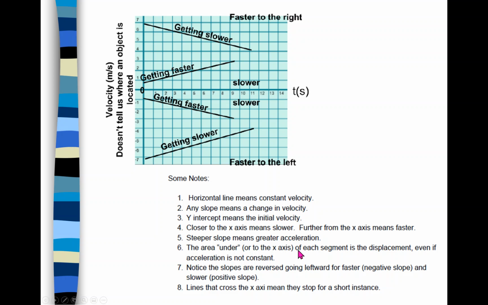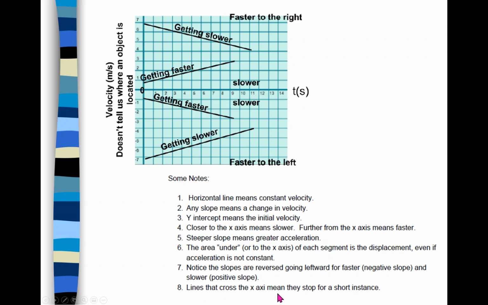We haven't discussed that yet, but the area under the curve of a velocity time graph is going to be displacement. The slopes are reversed going leftward or rightward. So I'm going faster as I come up here, I'm going faster as I'm going this way. The farther away you are from the horizontal, the faster you're going. That's for a velocity time graph.